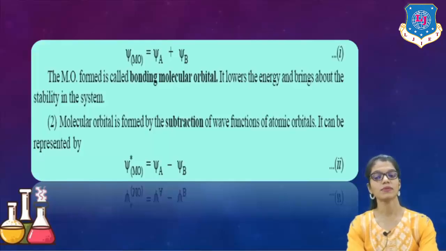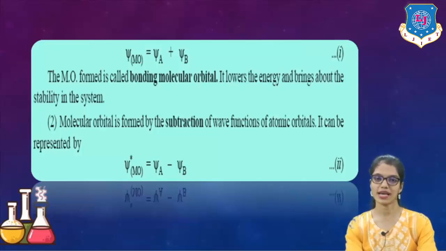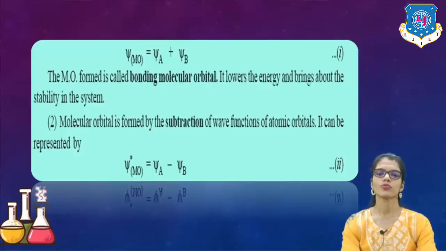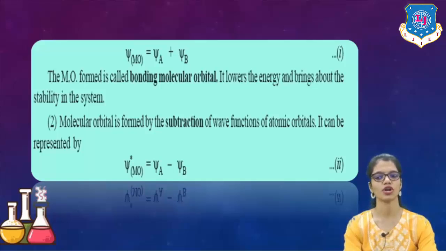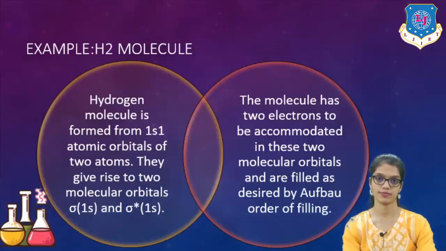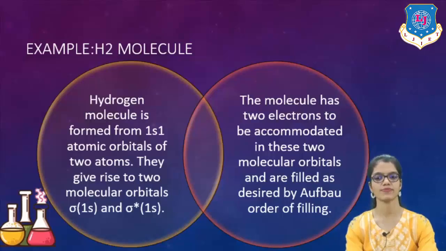It can be represented as psi star MO equal to psi A minus psi B. Right? This is our equation number 2. Okay? So, psi represents the bonding orbital, while psi star represents the non-bonding or anti-bonding orbital. That means with which the bonds cannot be formed. Make sure to understand this.